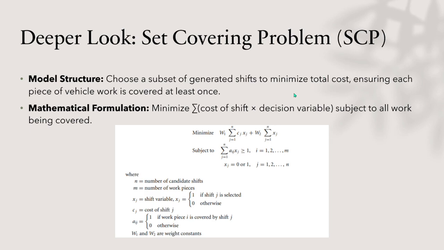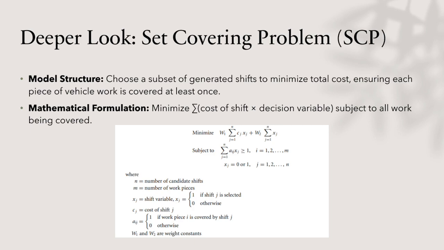Now let's take a deeper look at the set covering problem. In mathematical terms, shift selection becomes a set covering problem. Each shift can cover some part of the overall work. We define binary variables, 1 if a shift is chosen and 0 otherwise, and aim to minimize the total cost across all chosen shifts.